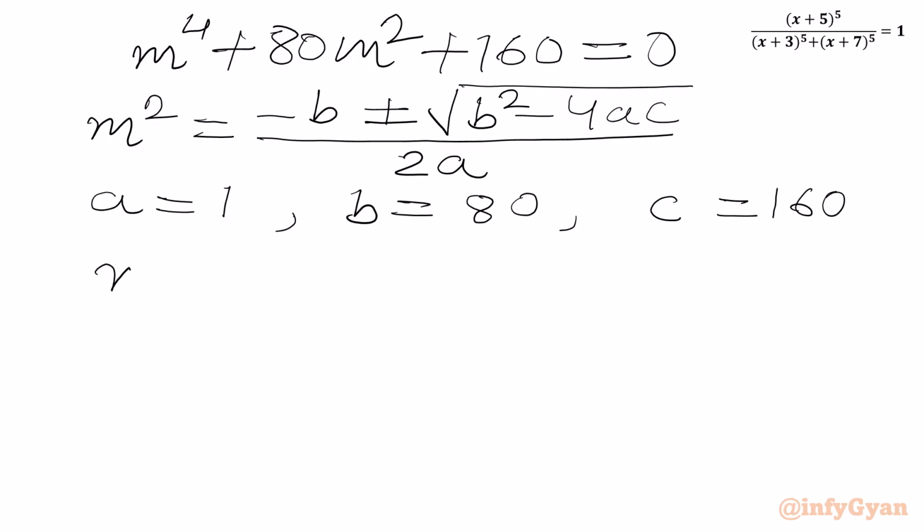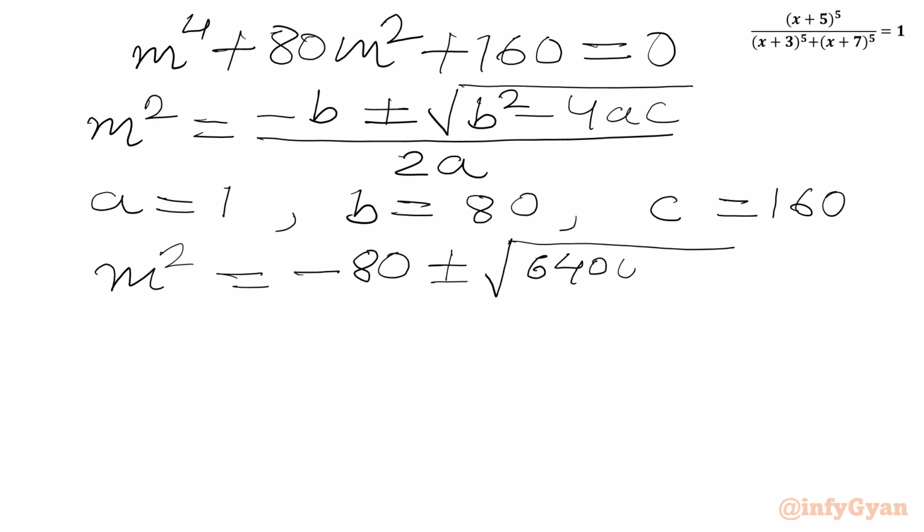So we will get m square equal to minus 80 plus minus square root of 6400, which is the square of 80, minus 4 times 1 times 160.